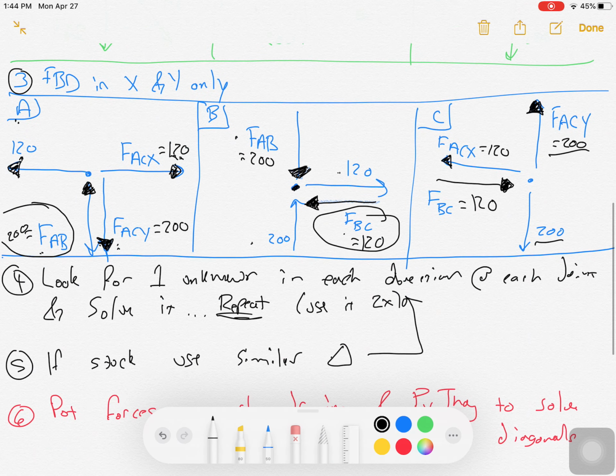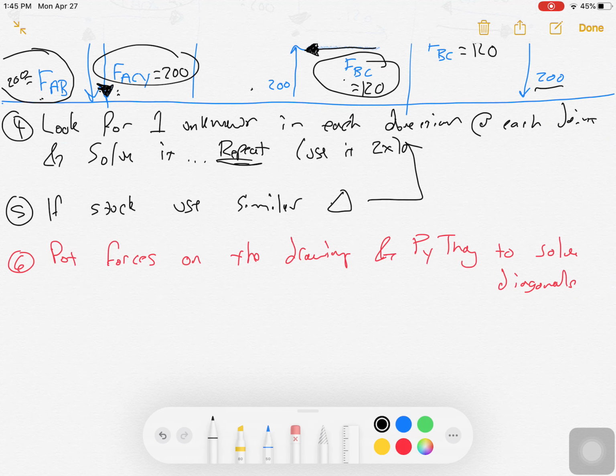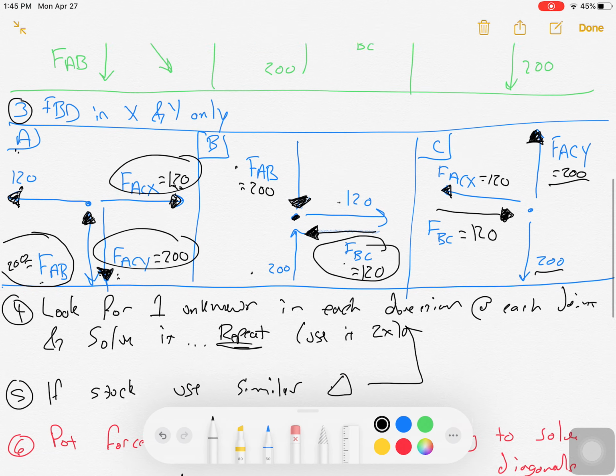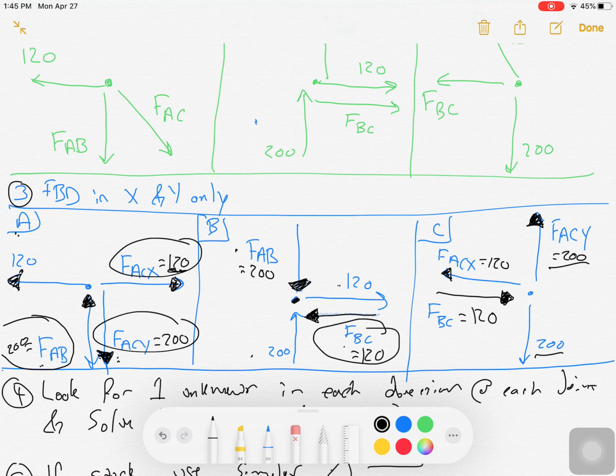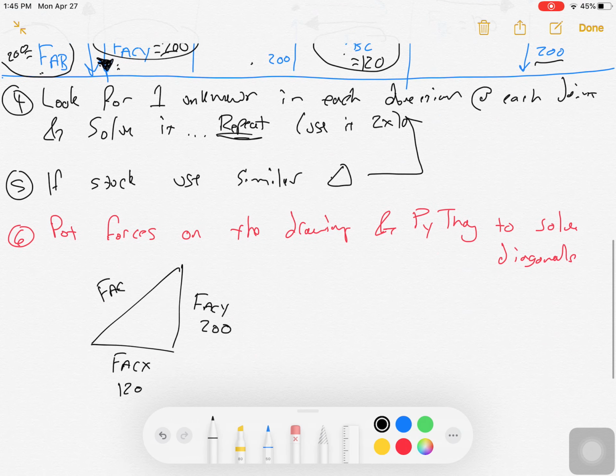Now AC, if I look down here, I have an ACX and I have an ACY. So what I do is I'm going to use Pythagorean theorem to put those back together. Because remember, force AC is made out of force ACY and force ACX. So ACY is 200, ACX was 120, and I got that right off of here. So 120, 200. And I'm just going to use the Pythagorean theorem to put those back together.